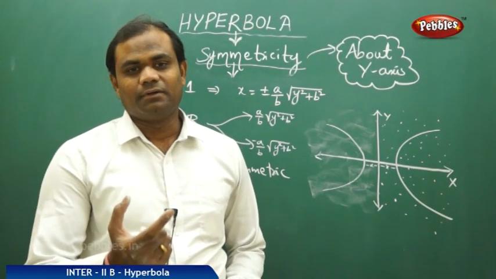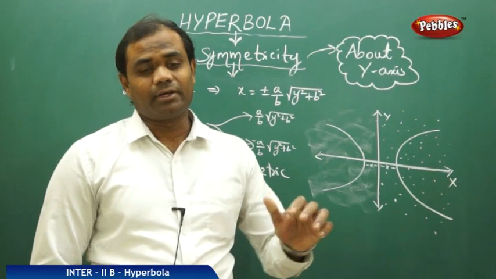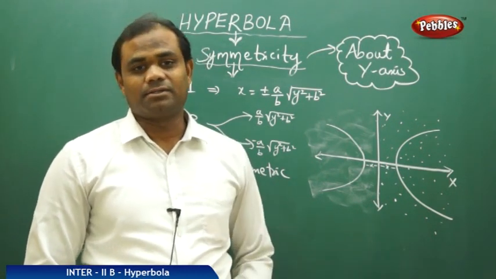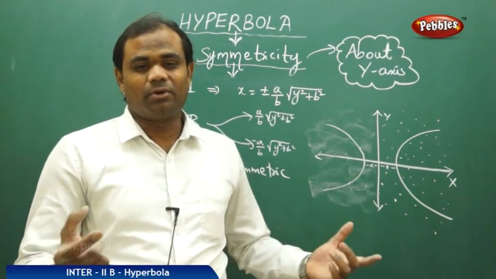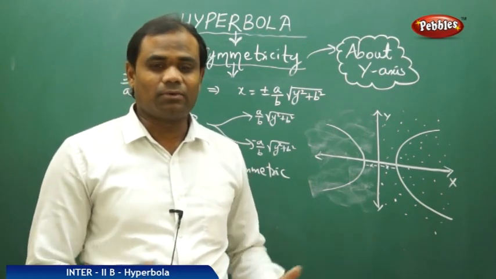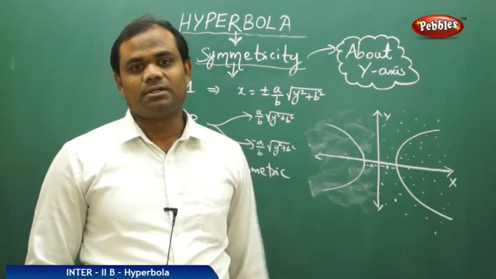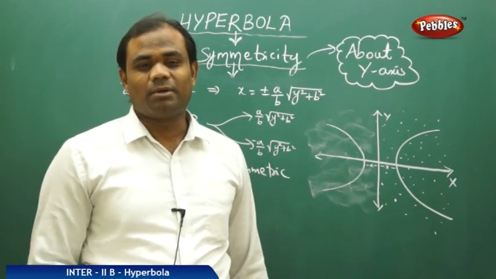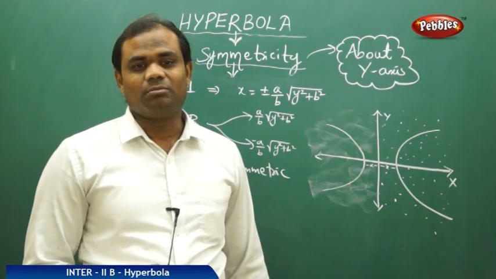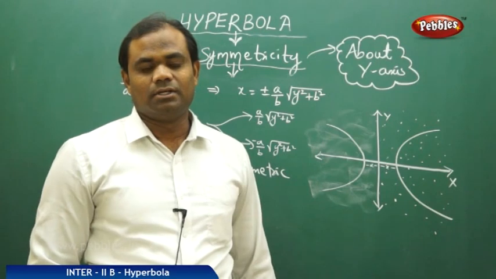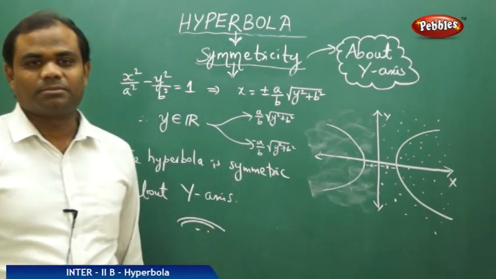Similarly, we have the ellipse, which is symmetric along x-axis and symmetric along y-axis. A circle is symmetric about x-axis and symmetric about y-axis, and hyperbola is symmetric about x-axis, but the symmetricity about y-axis does not arise because the graph does not cross y-axis. Is how we understand the concept.